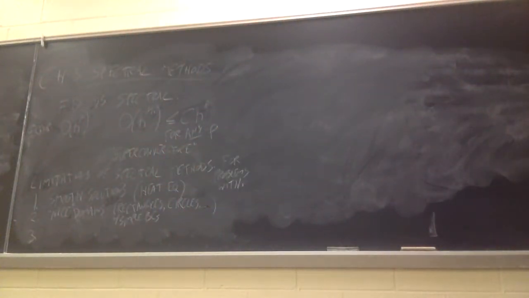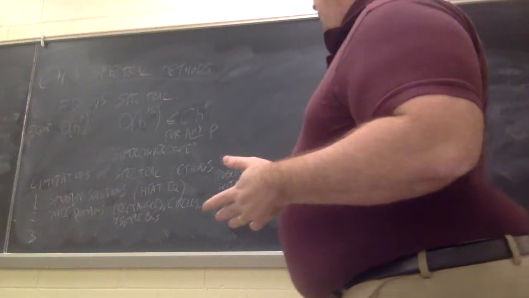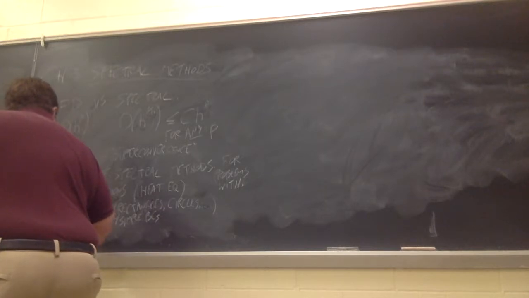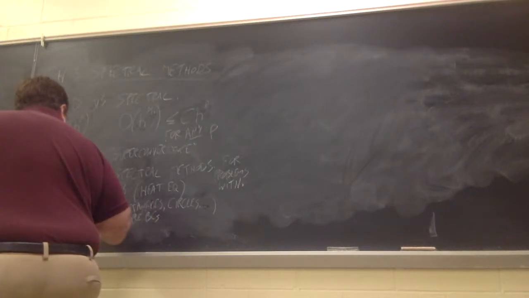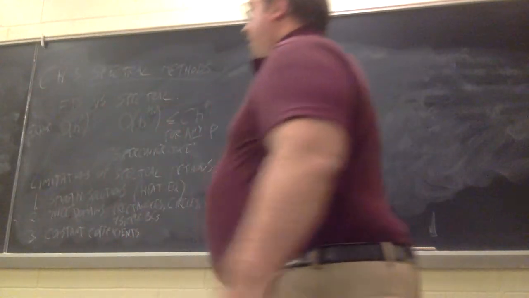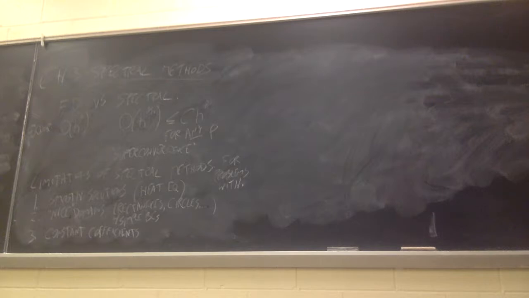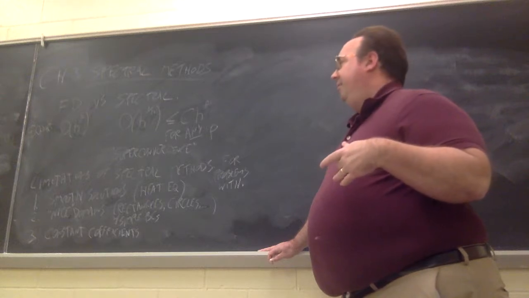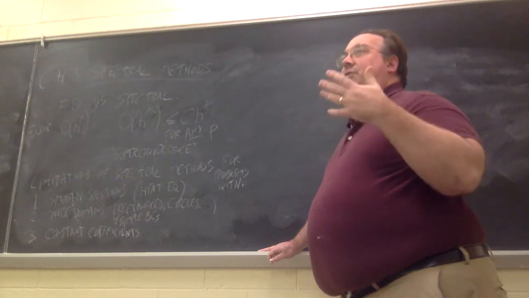Now, one more limitation. So the conventional wisdom is that, in addition to these limitations on spectral methods, they're meant for problems that have constant coefficients, especially on rectangular domains, because of nice properties that Fourier transforms have as they relate to derivatives, and like sines and cosines, since the derivatives have such a simple form.